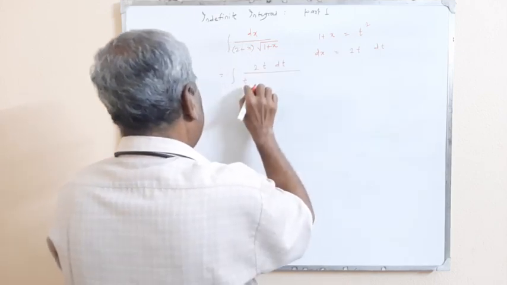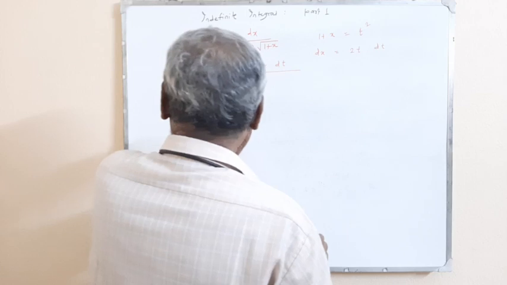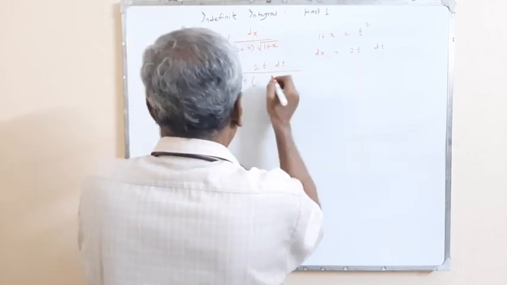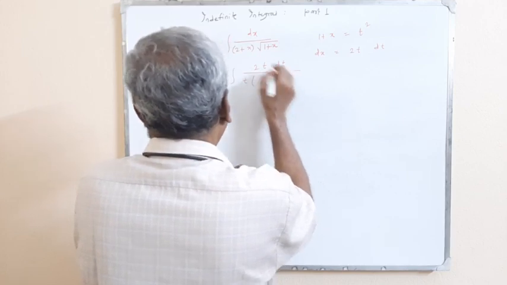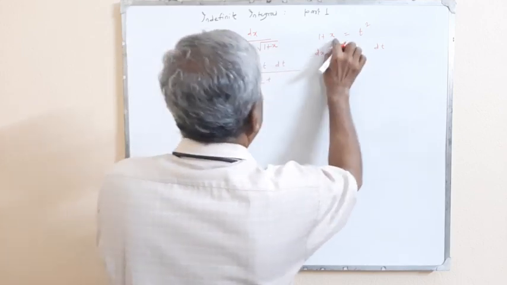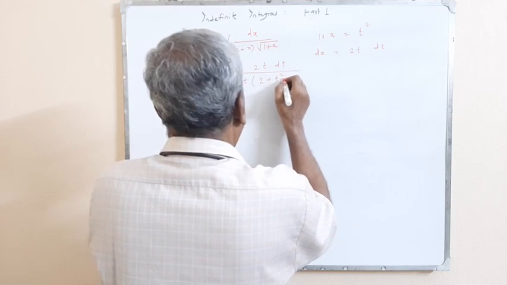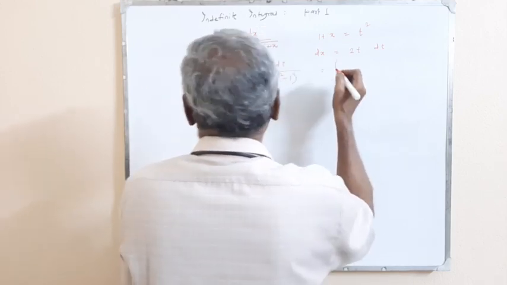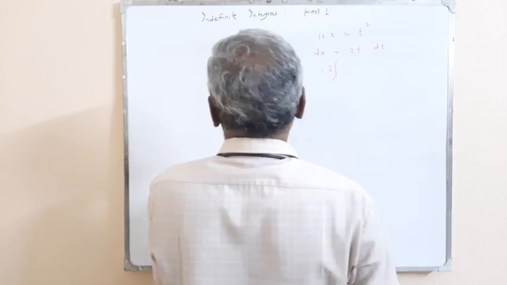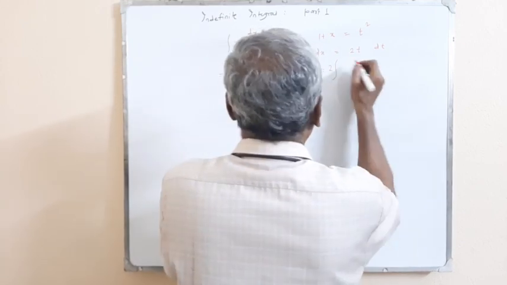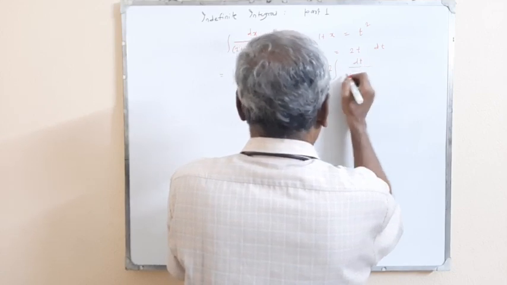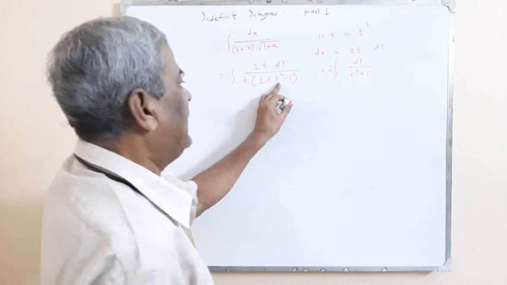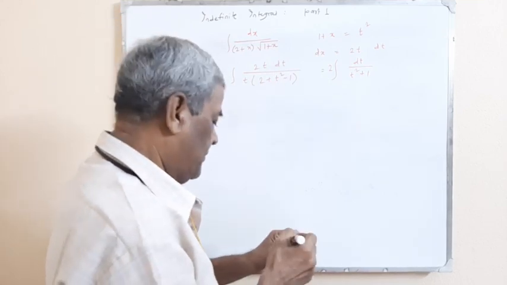I put it first here. Then 2 plus x: x is t square minus 1, and 2 plus that is t square plus 1. So it is equal to 2, a constant taken outside, t cancels from there, dt by (t square plus 1).